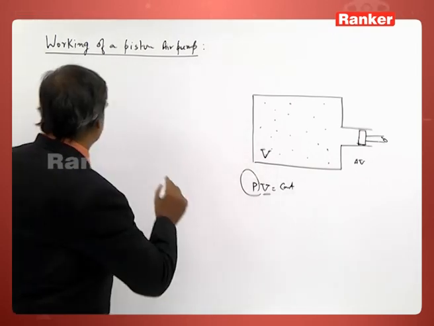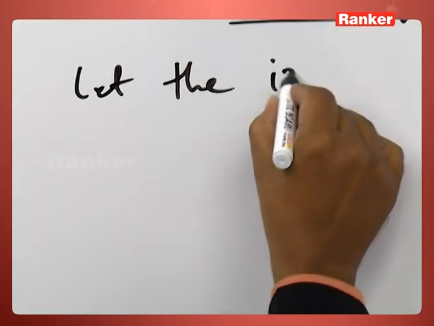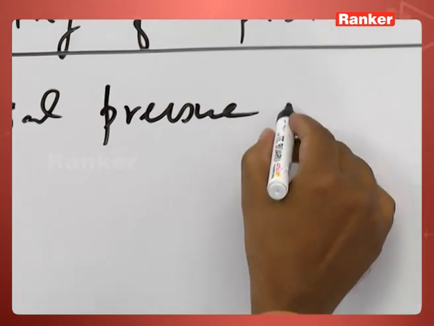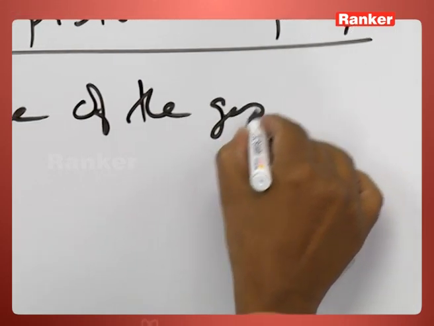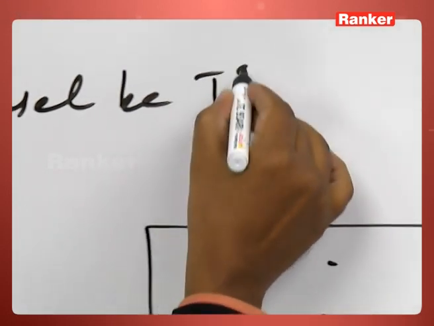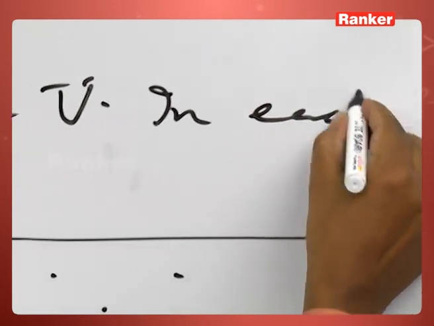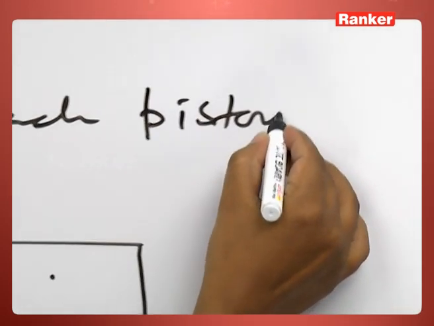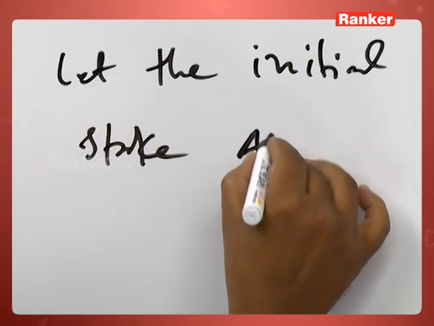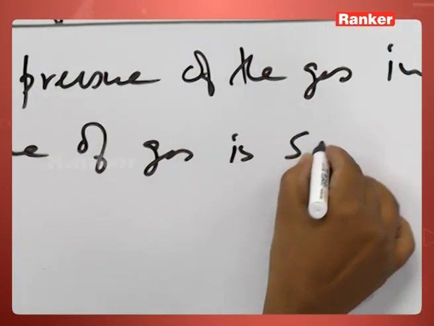So let the initial pressure of the gas in a vessel be P0. This is the initial volume V, and in each piston stroke, delta V volume of gas is scooped.